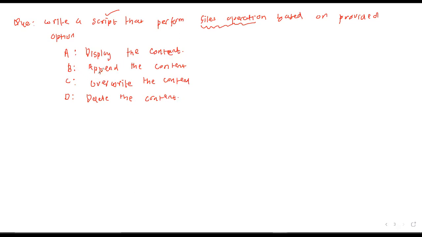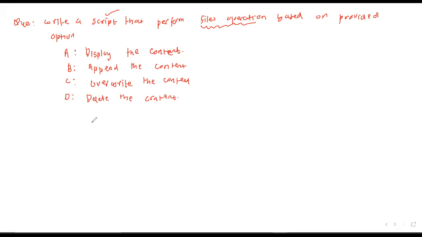If we have B, then we want to append the content, so we enter some data that is going to be added in the given file. Then C overwrites the content. So one file is given, and by using the C option we can overwrite the content, and D is to delete the content.